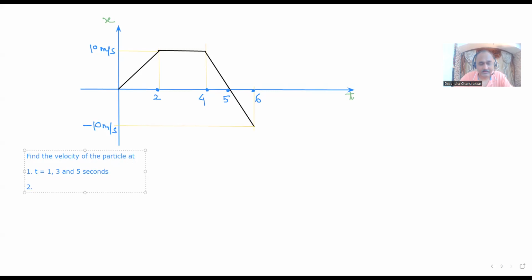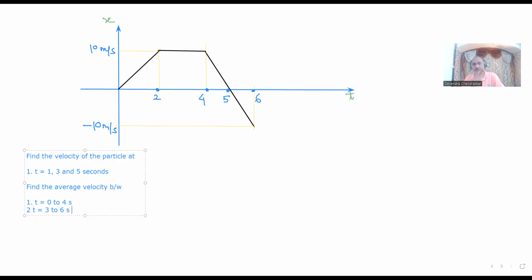Second, find the average velocity between, first is t is equal to 0 to 4 seconds, and second is t is equal to 3 to 6 seconds.